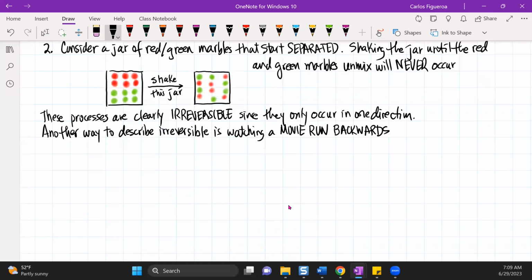And it turns out that this is the way I'm really going to look at whether something is reversible or not. So watching a movie run backwards will show a physically impossible process.